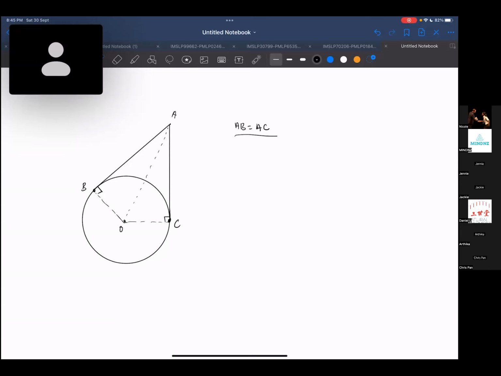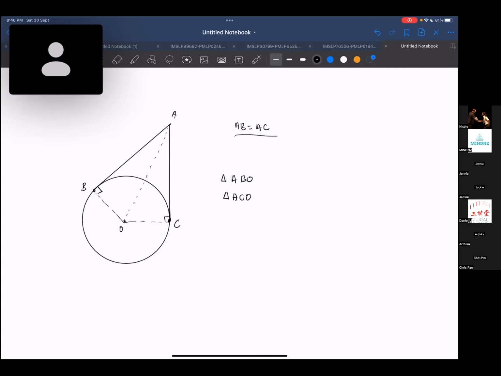Now what we notice is that these two triangles, ABO and triangle ACO, look really similar. In fact, I think they're congruent.